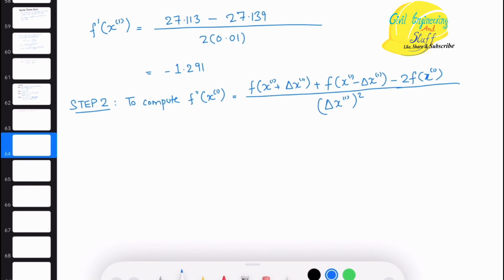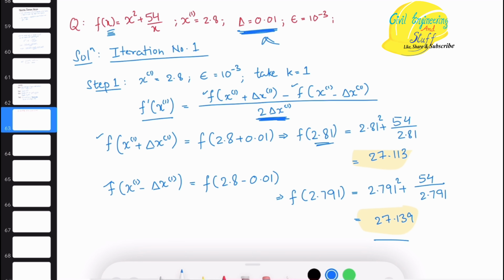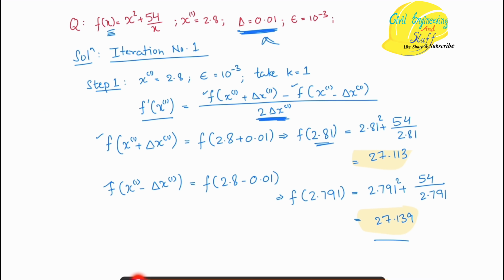Right, so basically the only difference between this and the previous formula, the first derivative, is that there you have a minus sign, while the second derivative will have a plus sign, and there will be minus 2 f x1. Then in the denominator the differences. Okay, so that is the way to remember it.